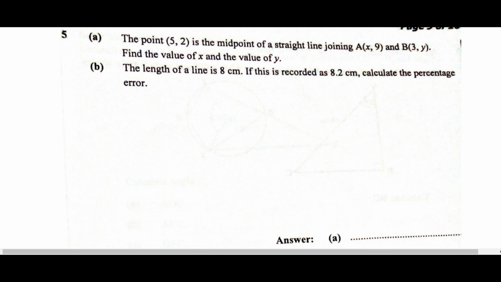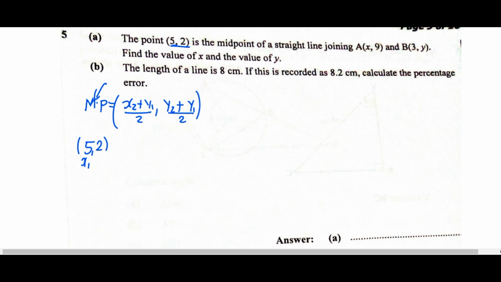So the formula for midpoint is x2 plus x1 over 2, so it's the average of the x's, and the average of the y2 and y1. So that is the midpoint. Now here we are given the midpoint is (5, 2). So where there is the midpoint we put (5, 2). And remember, the first number is our x coordinate of the midpoint, the other one is our y coordinate.